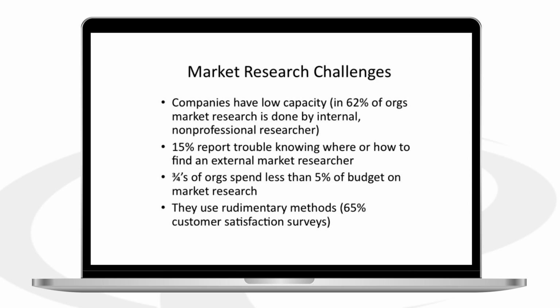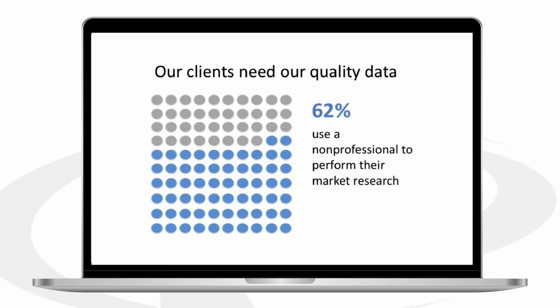So we're going to take this typical slide and we'll use the assertion evidence approach. This is what it can look like. That generic title that we had, Market Research Challenges, becomes a statement that has meaning to it. Our clients need quality data.